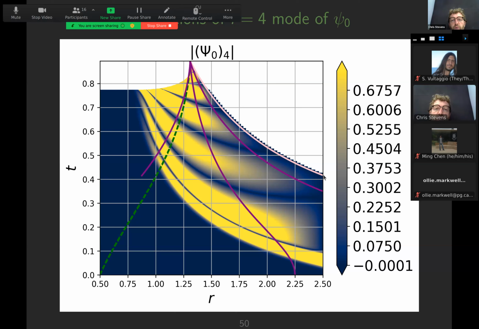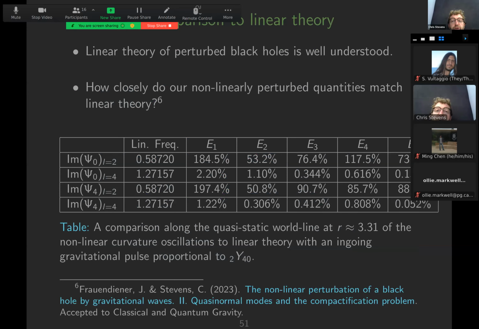And this goes all the way out to Scri+, where we can read off the oscillations there. And further to linear theory, which basically looks at stationary boundary value problems on certain slices that start at the horizon, we can look at oscillations inside the horizon as well, which is quite cool.